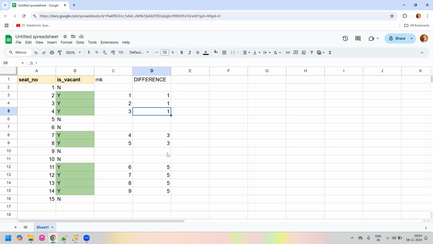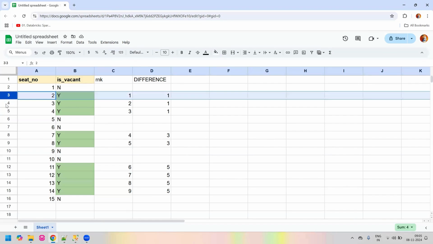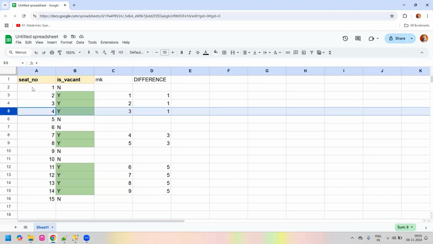Here there are 2 entries, so we will discard this. Here there are 4 entries, so this also will be part of the output. So we count the entries for each difference as a second step to find the seats which are consecutive and number 3 or more. This way we will solve the problem.